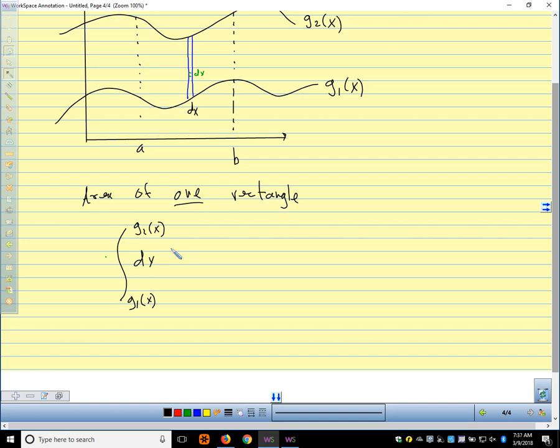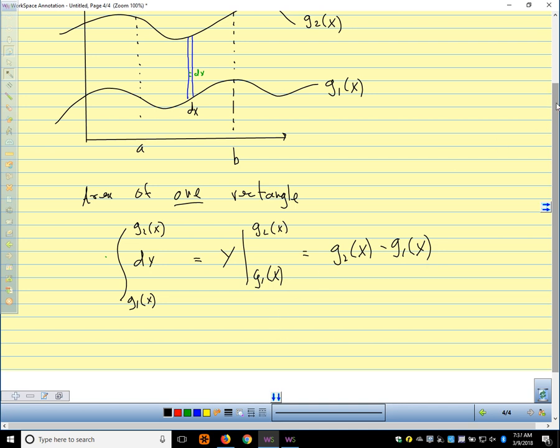Yeah. So if we evaluate this, this gives us y from g1 of x to g2 of x. So we get g2 of x minus g1 of x, right? We've done this before. But the area of one rectangle is the integral of dy from g1 of x to g2 of x.